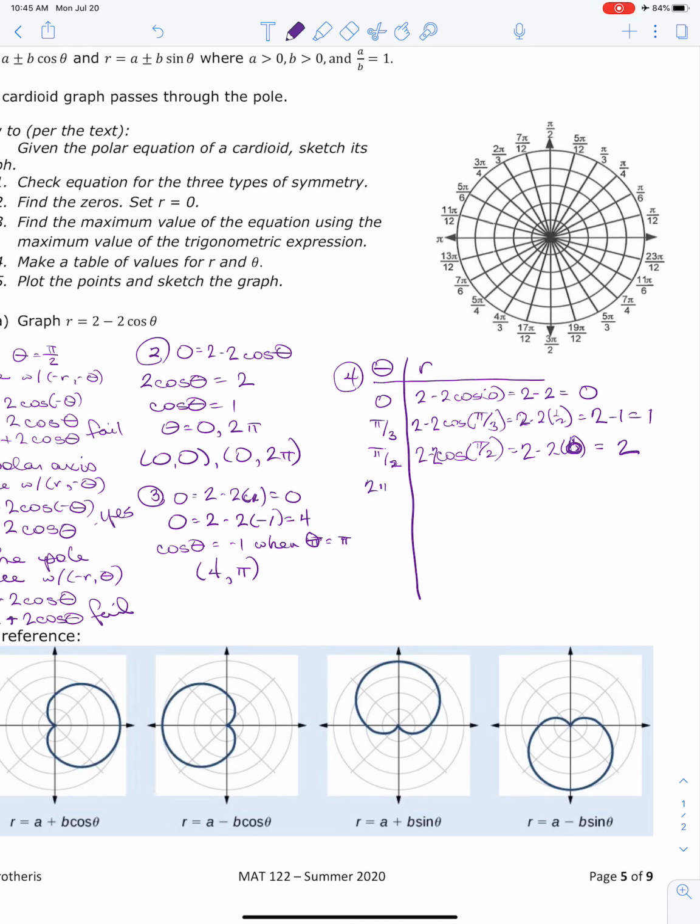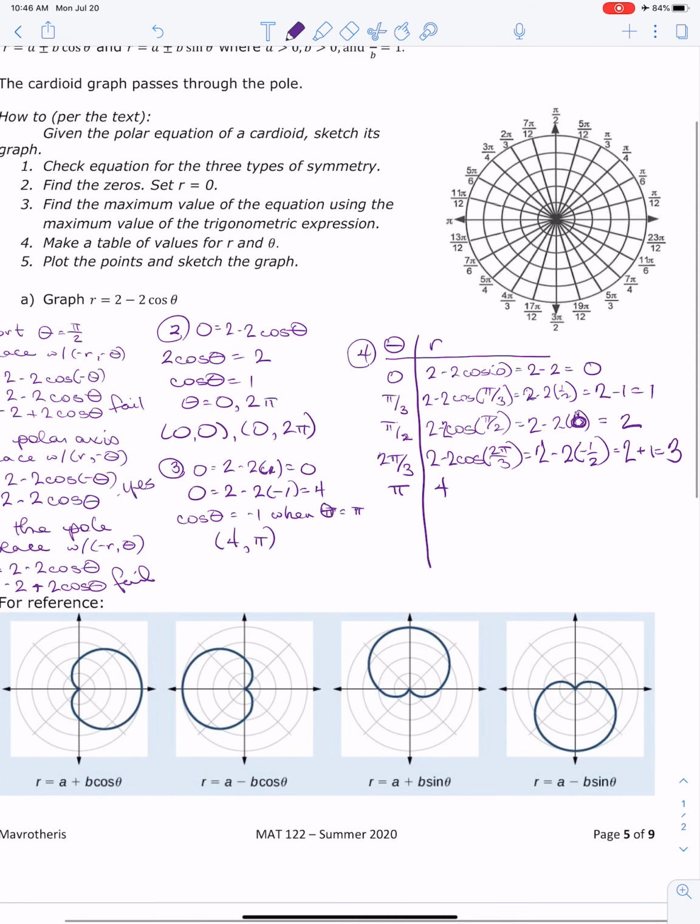And pick up 2 pi over 3, because I know my cosine there is negative 1/2. 2 plus 1 gives me a 3. At pi, we already know we have 4. And that's the top half of my circle.